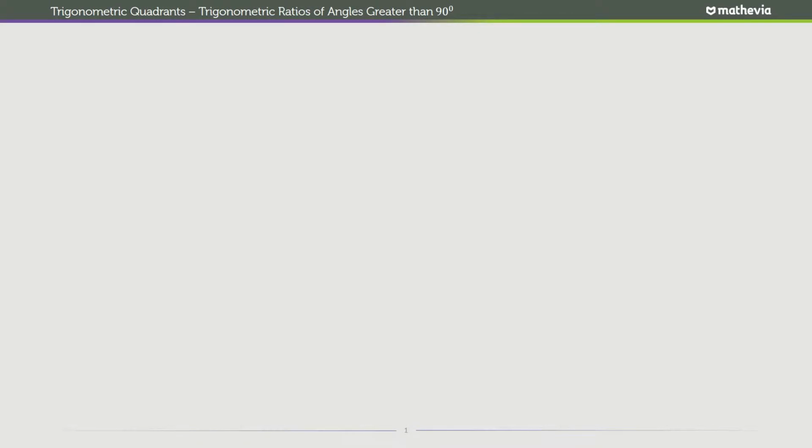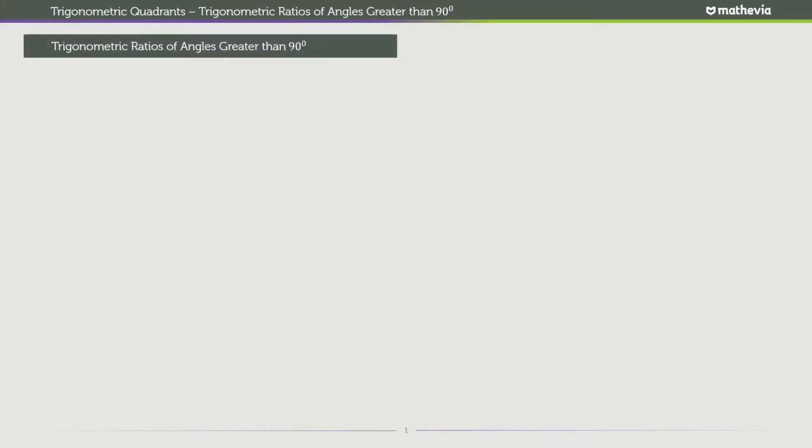So for some time now, we've been talking about trigonometric ratios, and we've been learning about right-angled triangles. We're still on trigonometry, but we're going to be doing something quite different this time around, and we're no longer going to be working with right-angled triangles. We're going to push trigonometry further because trigonometry is actually a lot broader.